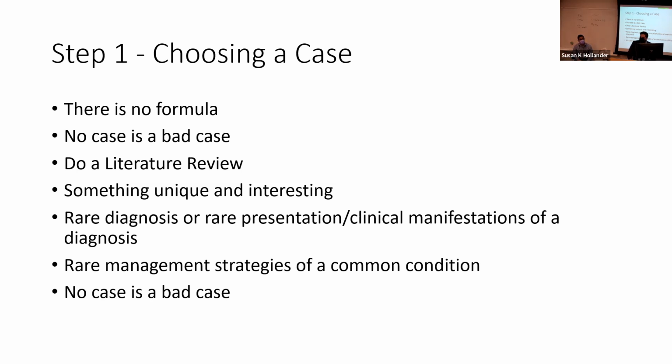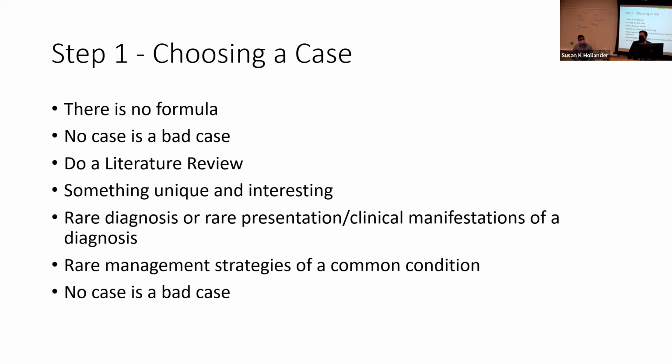What's very important when you're looking at a case, whether or not it's worth your time writing it up, is that before you begin writing, you have to do a literature review. If I go back to the example of gout, and it's a fairly unique presentation of gout, hypothetically caused by certain types of crystal deposits that are not common, something you probably read about in Step 1 but have never seen clinically before, and it's a rare cause of gout or pseudogout, that's something you would have to look up.